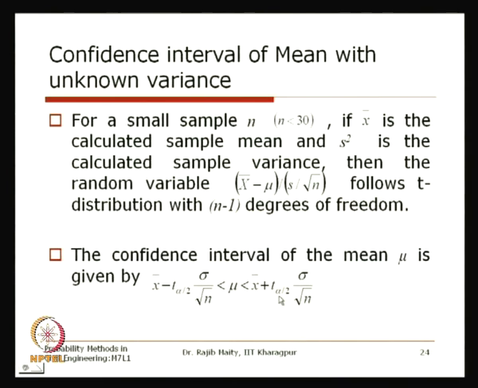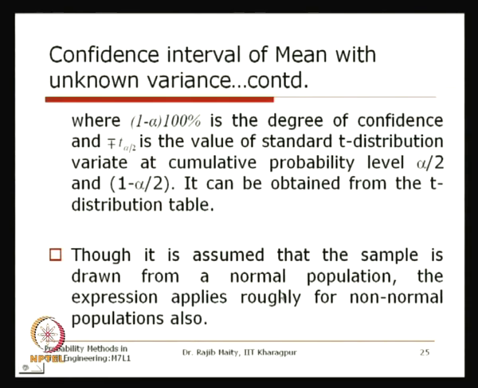This is the t distribution with degrees of freedom n minus 1, and you can see from any standard textbook that when n goes beyond 30, the values of t alpha by 2 and z alpha by 2 are essentially the same.